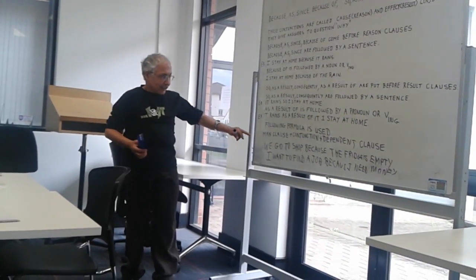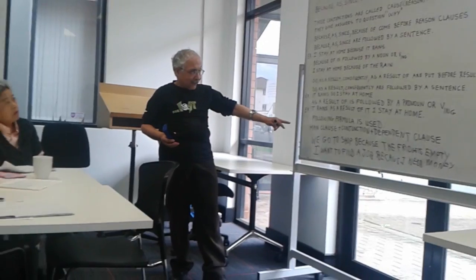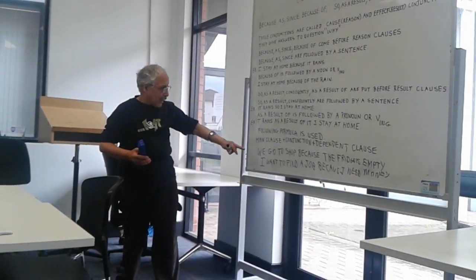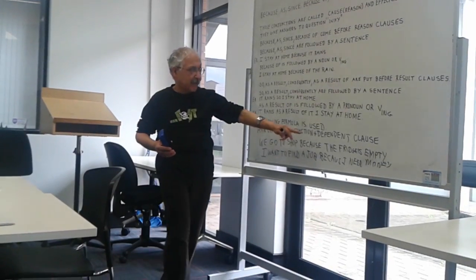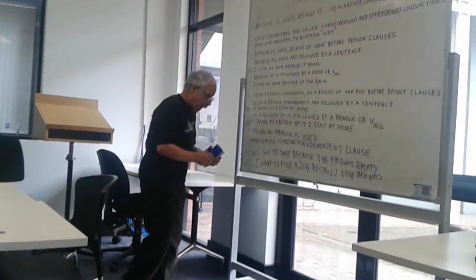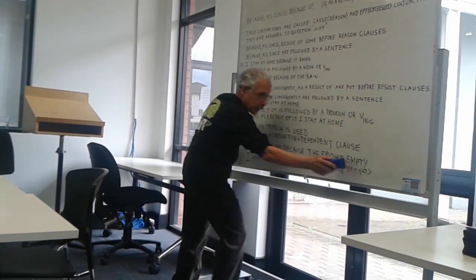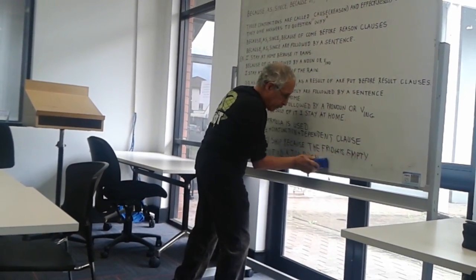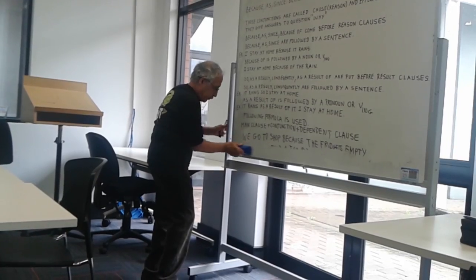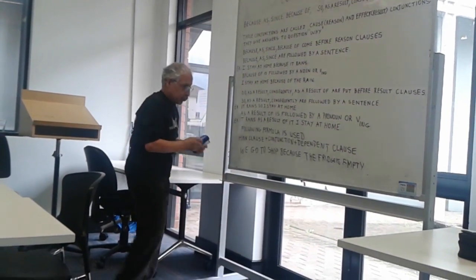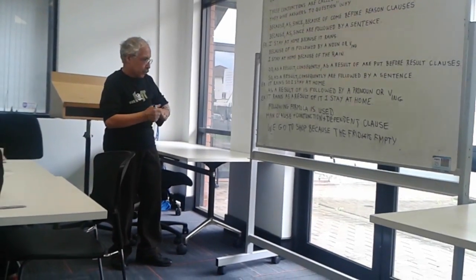We still follow this formula: main clause, conjunction, dependent clause. I just write here to show you the difference between those two.